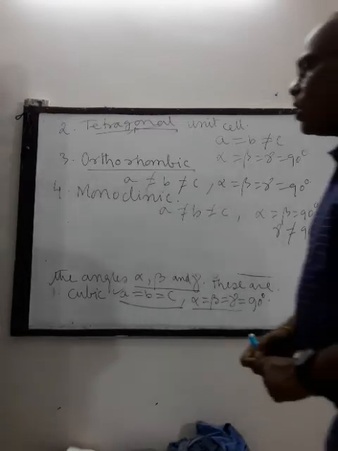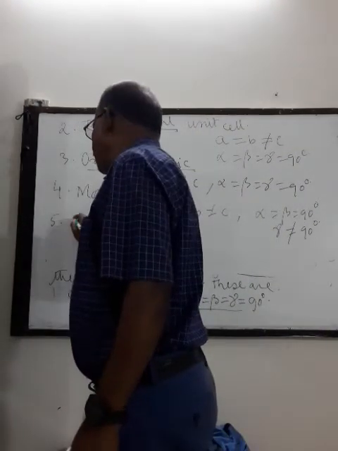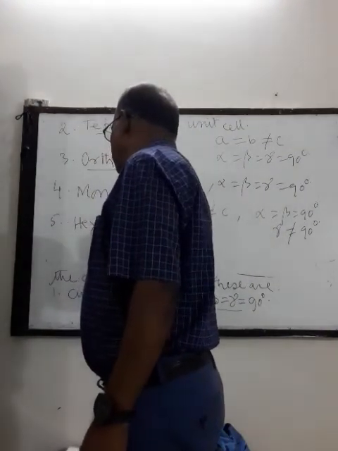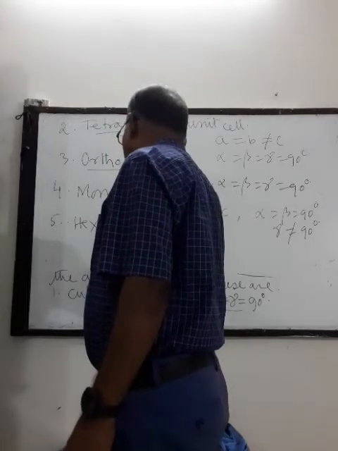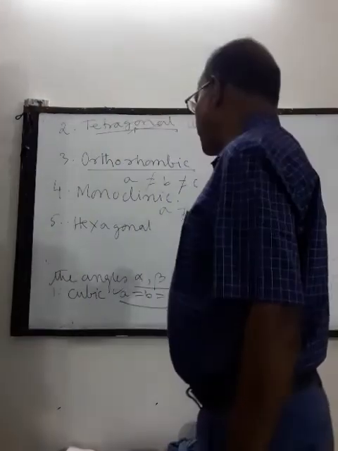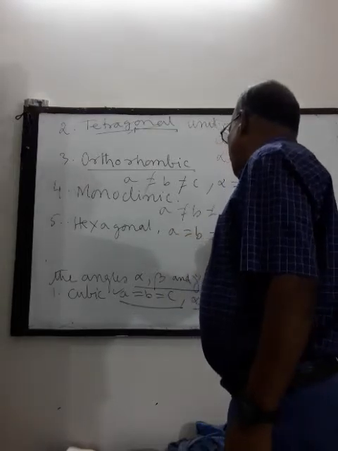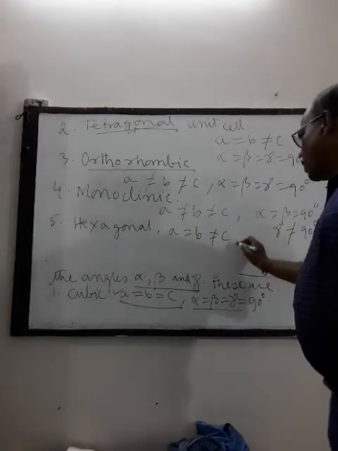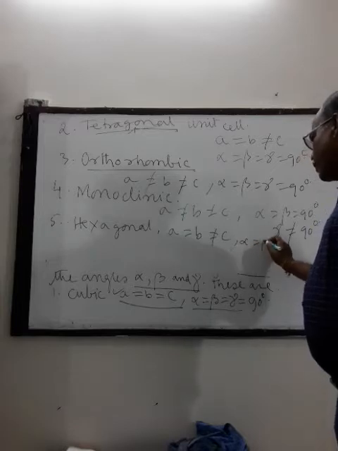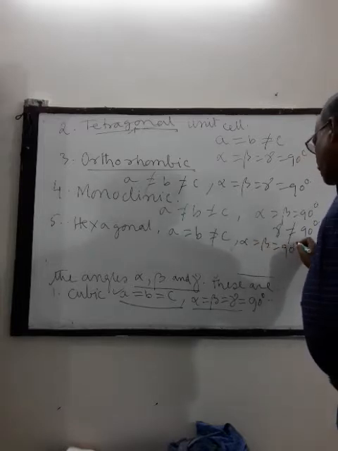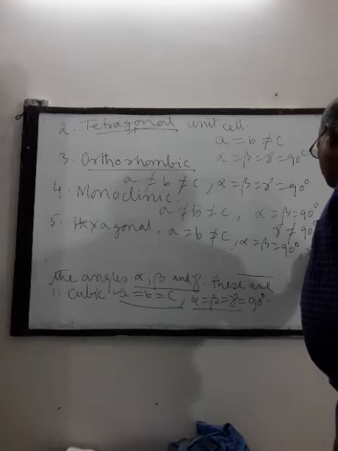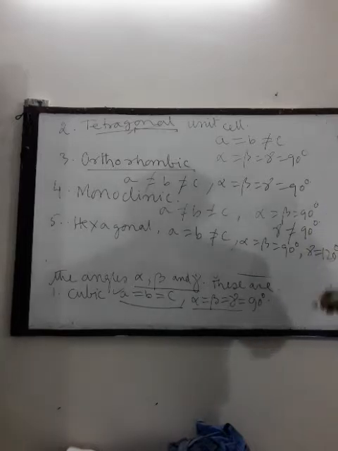Number 5 is called hexagonal. For hexagonal unit cell, two sides are the same, third side is different, two angles are equal and equal to 90 degree, and the third angle is 120 degree.